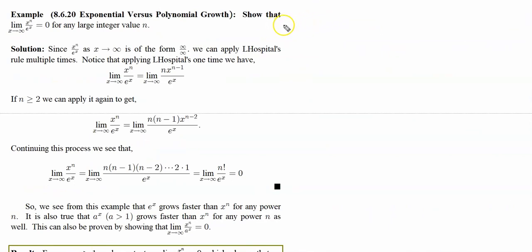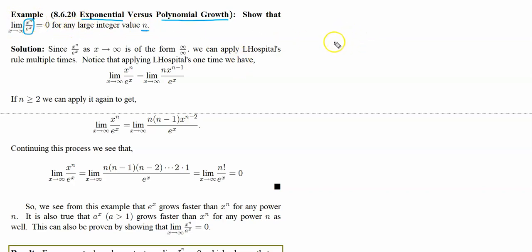And now let's consider one important result: exponential versus polynomial growth rates. Here we want to argue that the limit as x approaches infinity of x to the n power divided by e to the x is 0 for any integer value n. This is actually an important result.